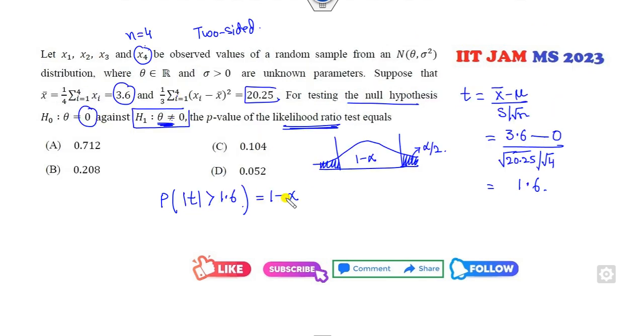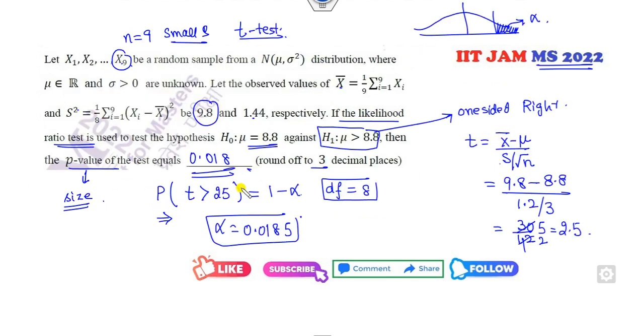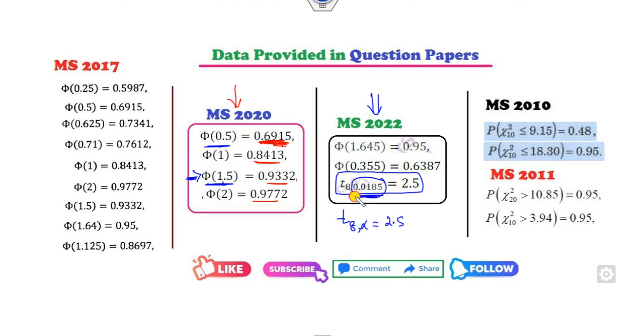You can see it on the first page of your table. Let me check on the T table. The degree of freedom is 3. So 0.21, that means approximately 0.208 is the correct answer of this problem. In the examination, you will be given 0.208. It is similar to this example.